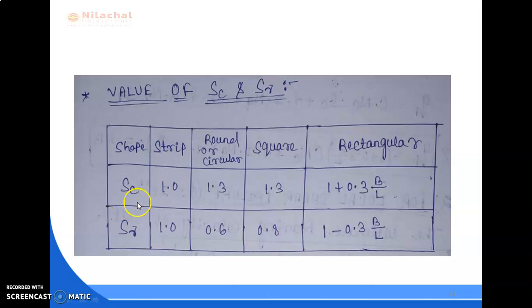For strip footing, Sc value is 1.0, for round or circular 1.3, for square 1.3, for rectangular 1 plus 0.3 B by L. Similarly, S gamma value for strip footing 1.0, round or circular 0.6, square 0.8, and for rectangular 1 minus 0.3 B by L. So these are the values of shape factor. According to shape, we have to put these values.